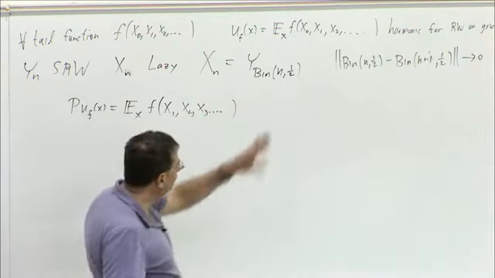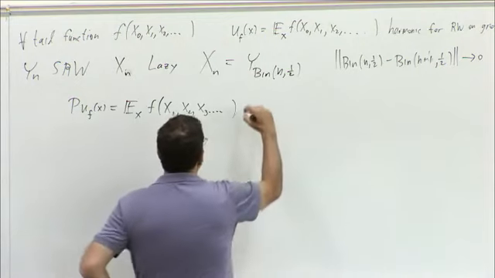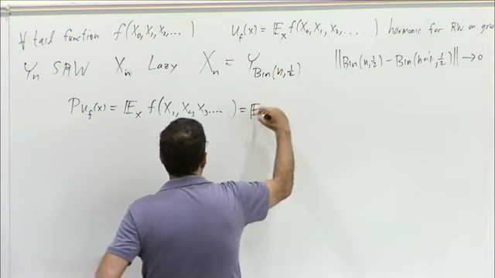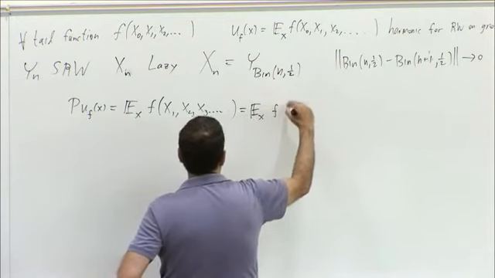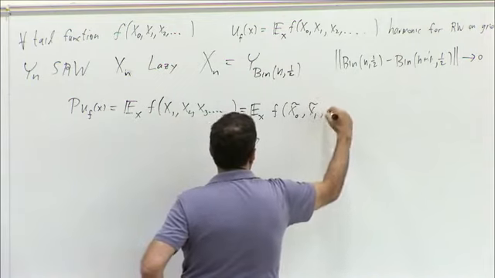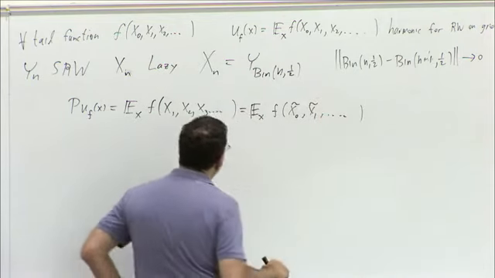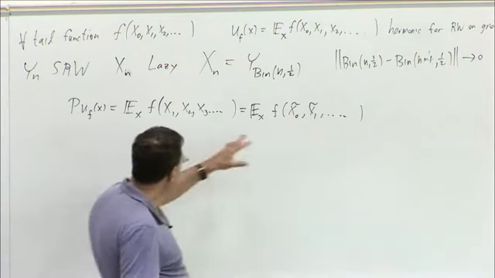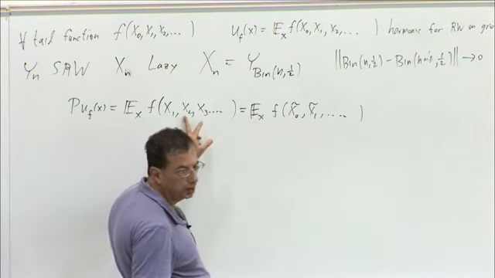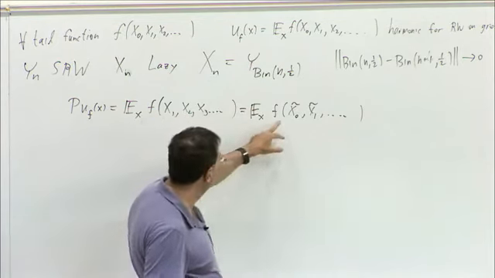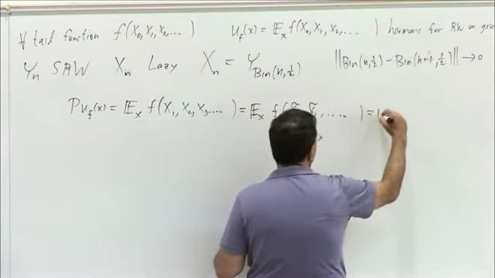But because of this coupling, this is called the shift coupling, this is the same as the expectation of f of X_0 tilde, X_1 tilde, and so on. So this is another sequence which, because it eventually agrees with X_1, X_2, and f is a tail function, these two things are just equal. But now this was our definition of u_f of x.